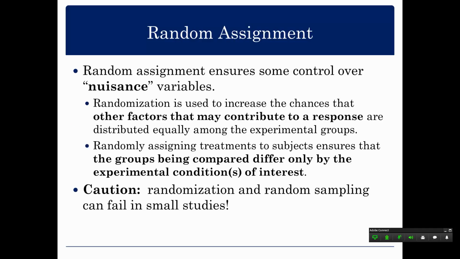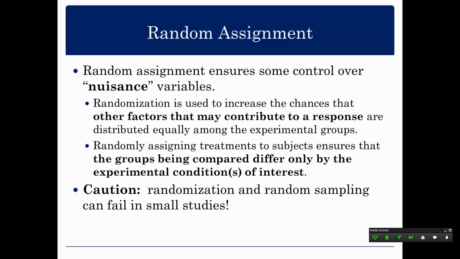Random assignment is another name for randomization. So it's how we assign treatment to subjects in our study. Random assignment, or randomization, ensures some control over what's called nuisance variation. If you remember back last week at the very beginning, we had an example around a workplace toxin, and how that workplace toxin could or could not be linked to problems getting pregnant in women.